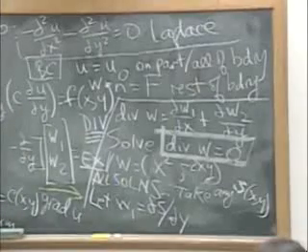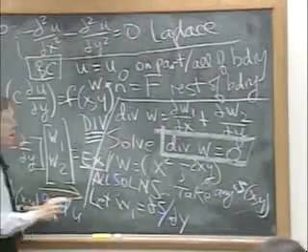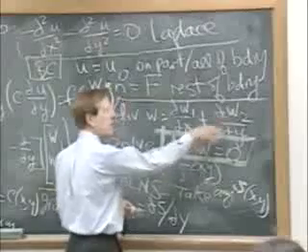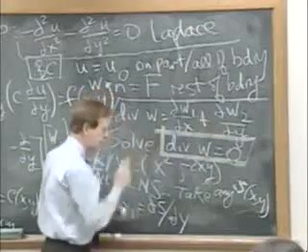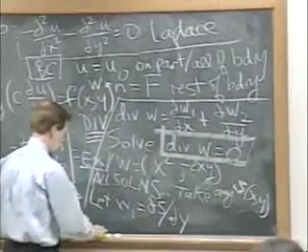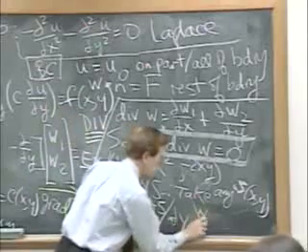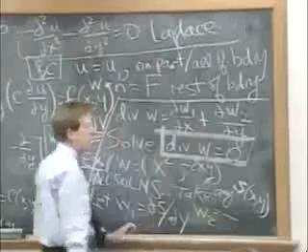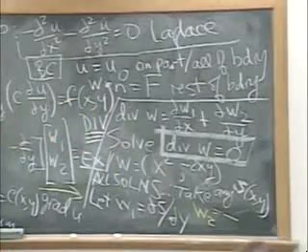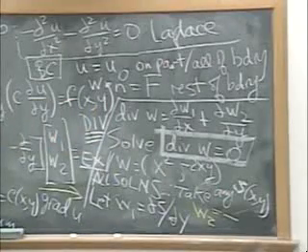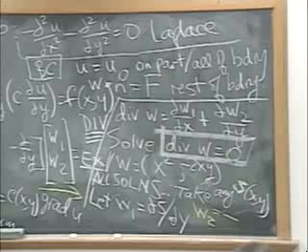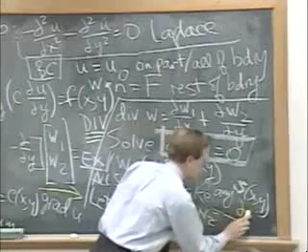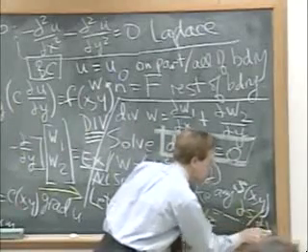Now do you see what W2 should be? I want to get that mixed derivative with a minus sign, because I want to cancel. And what should W2 be, minus what? Partial of s with respect to x. Perfect. Partial of s with respect to x.